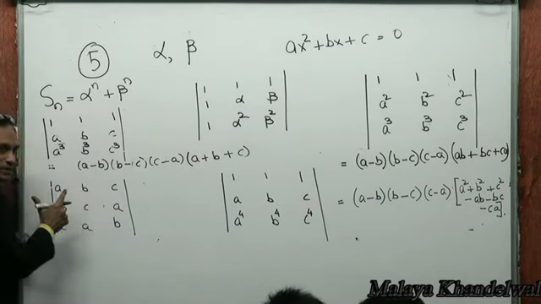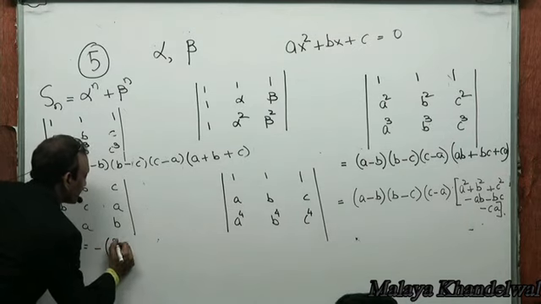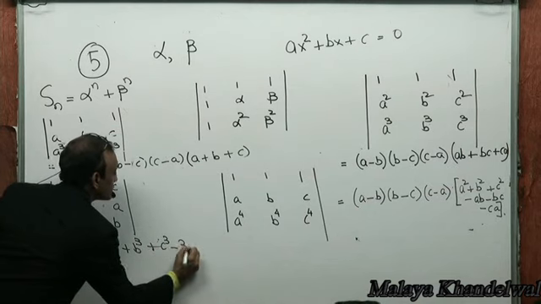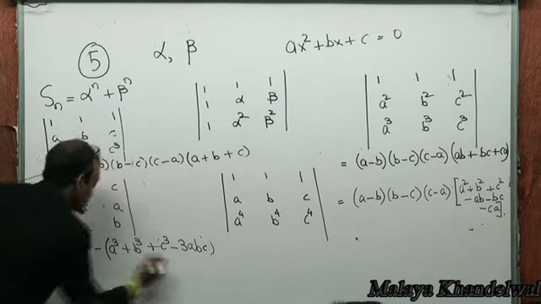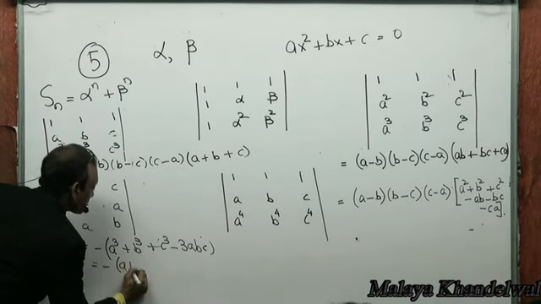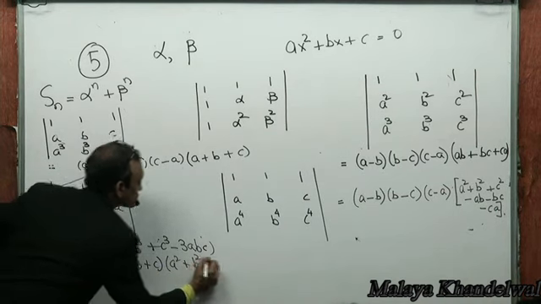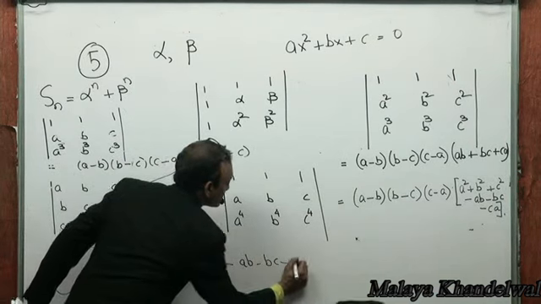You can take A plus B plus C common. You would find the value of this as minus of A cube plus B cube plus C cube minus 3ABC, which is the same as minus of A plus B plus C into A square plus B square plus C square minus AB minus BC minus CA.